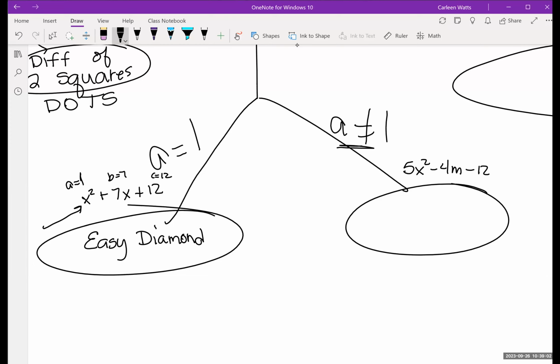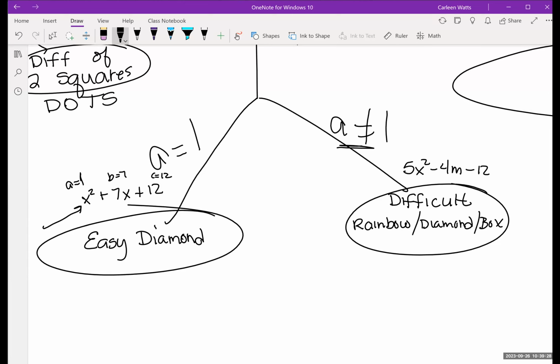So we call these difficult, and we do rainbow, diamond, box. So that is category 2 of 3-term factoring problems.